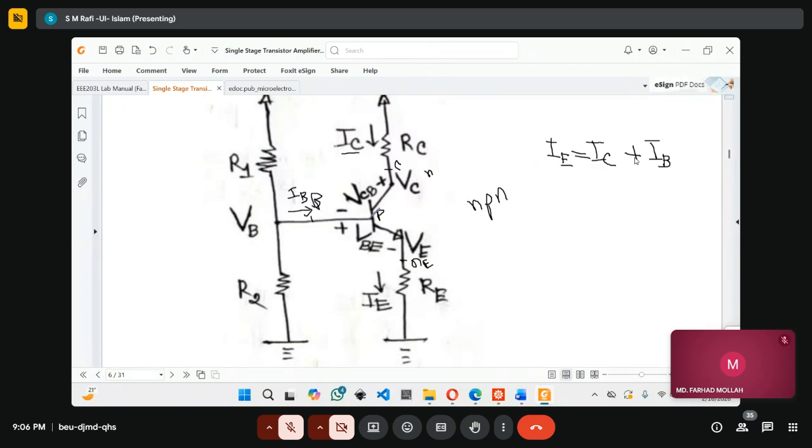Or if you apply KCL here, IC is entering current, IB is entering current, and IE is leaving current. So leaving current equals the summation of entering current. Do you recall this relation from your textbook or previous understanding?